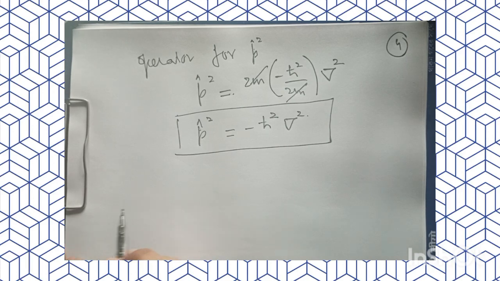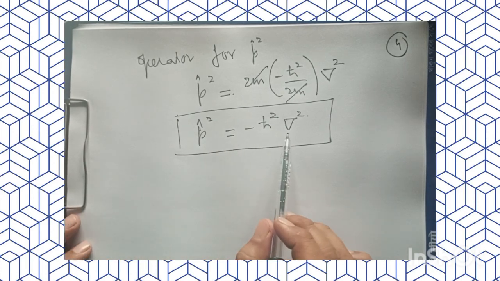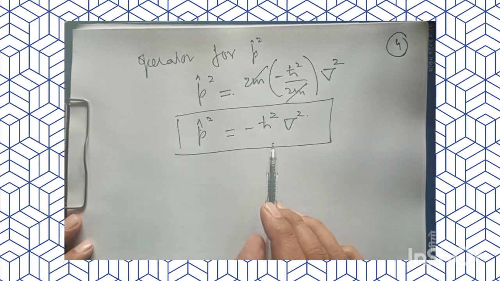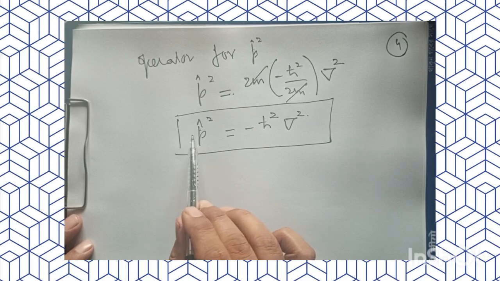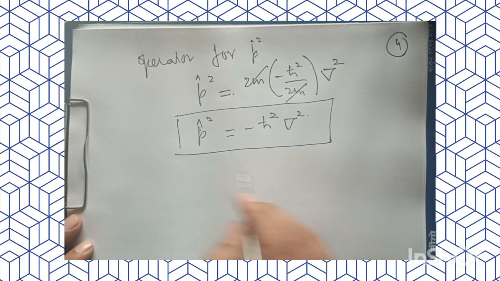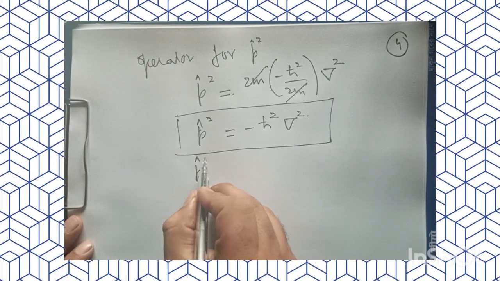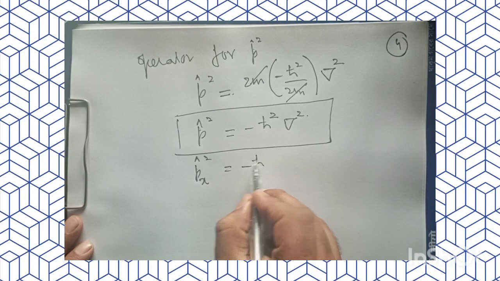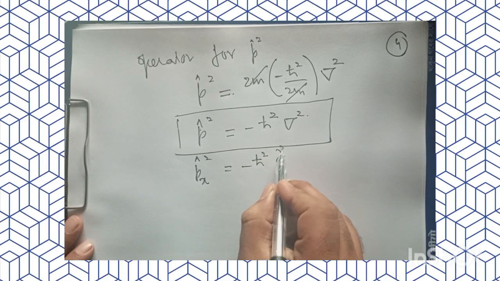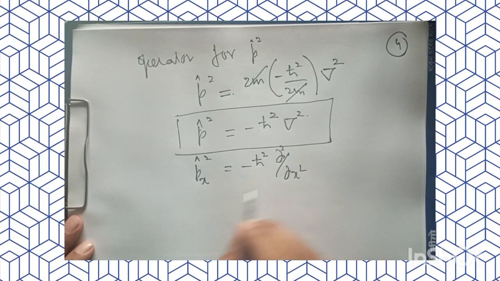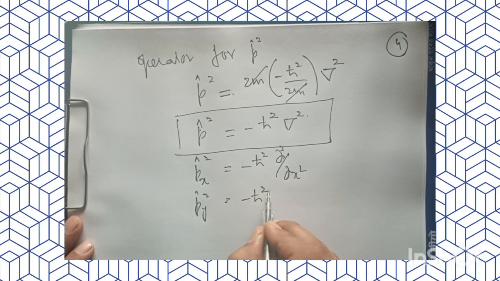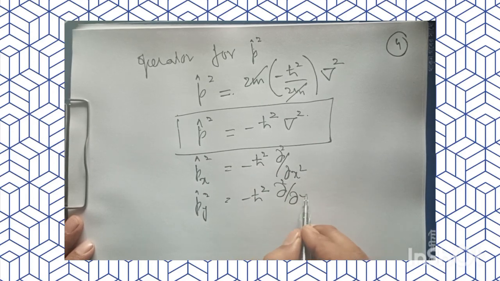That's the case. Now, if we write down the components of this momentum at this point, we can have the square of momentum operator along x. The square of momentum operator along x will be minus h cross square dou 2 by dou x2. And along y, the operator will be minus h bar square dou 2 by dou y2.